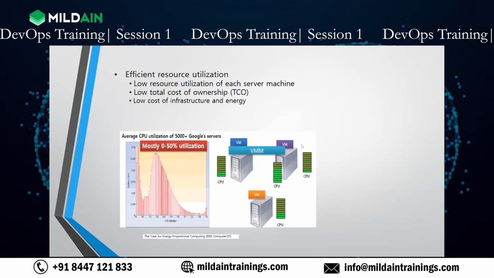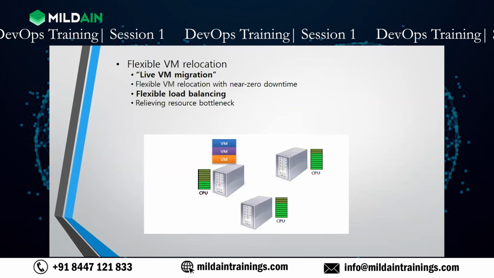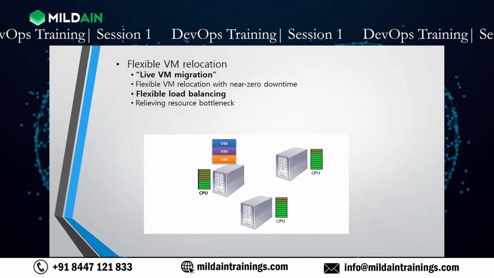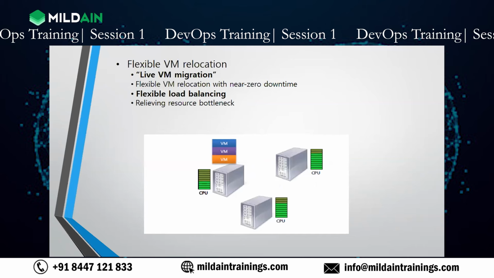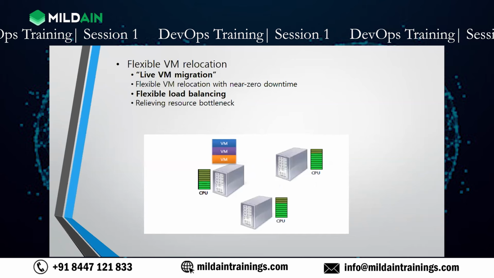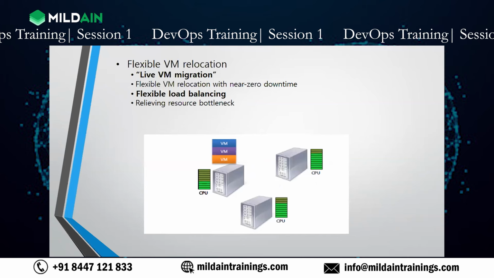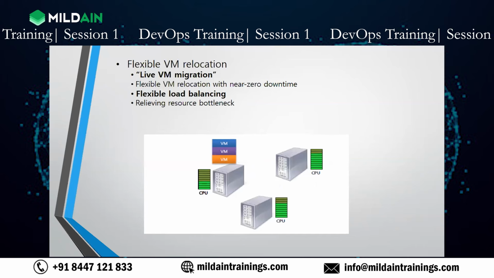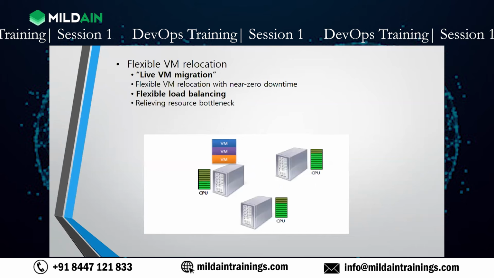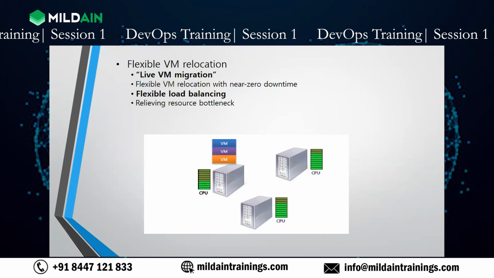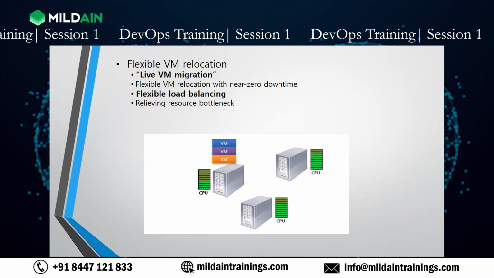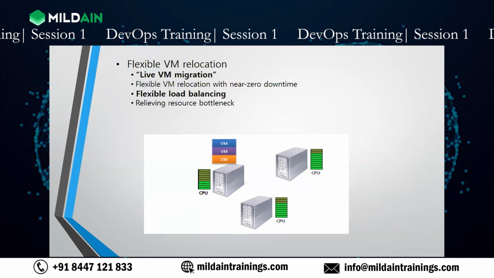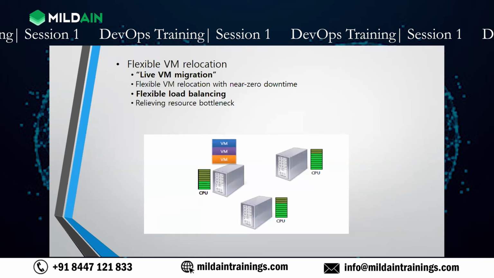Now the second benefit is that we can easily relocate the VMs. If we compare physical servers and virtual machines: relocating a physical server from one place to another involves a cost of transportation and a cost to set up the infrastructure in the new location.